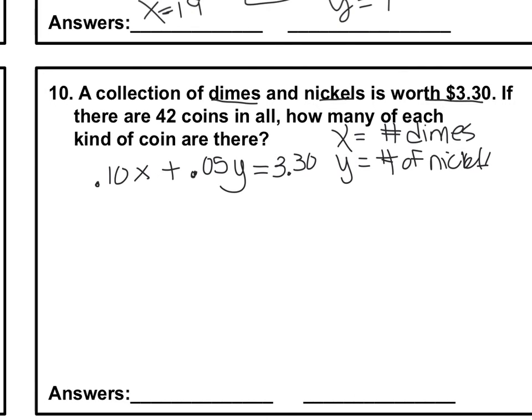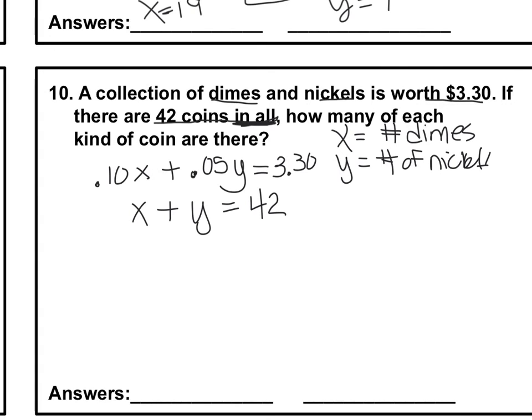Now the second says if there are 42 coins in all, so we have 42 coins and some are nickels and some are dimes, how many of each kind of coin are there? So x, the number of dimes, plus y, the number of nickels, in all are 42. Okay?